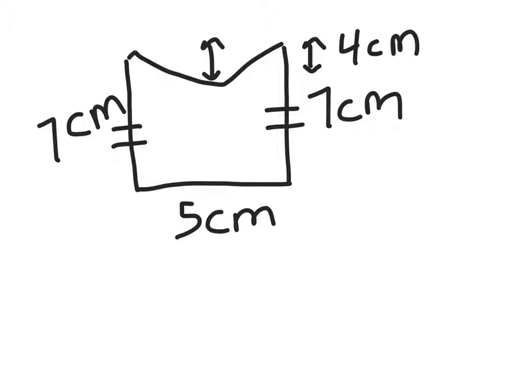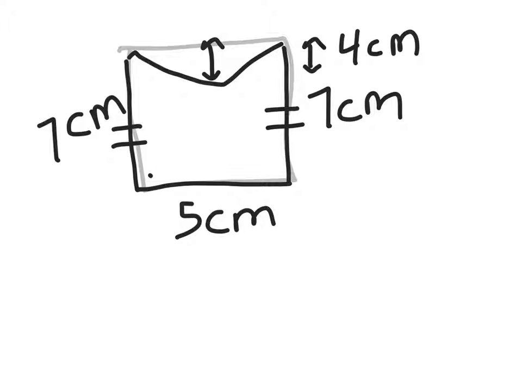Now, again, there's no shape like this one on my formula sheet, so I'm going to have to see what I can break this up into. What I like to do when I see a shape that has a chunk taken out is figure that if I were putting carpeting in this room, I would probably buy too much carpet. I would buy a piece of carpet that would be that big, and then I would cut out that little triangle.